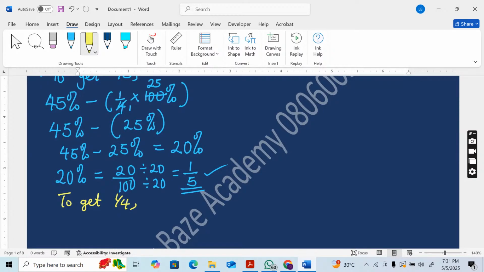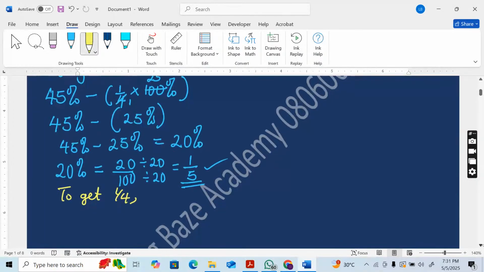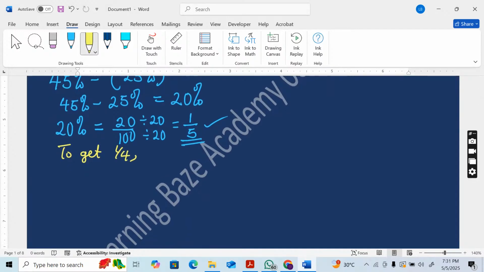Those who are in our regular classes know that at Learning Base Academy, we write, because writing helps us to remember what the teacher must have taught us. So that's 45% minus 1 over 5 times 100%.